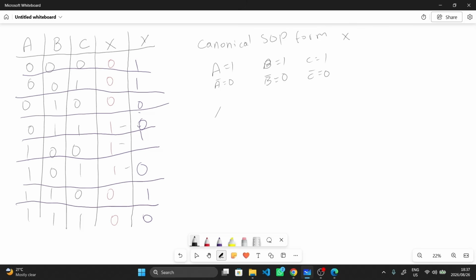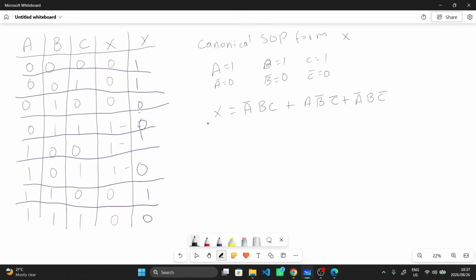So our SOP form for X, where the output X is 1, will be A complement BC plus A B complement C complement plus A complement B complement C complement, right?